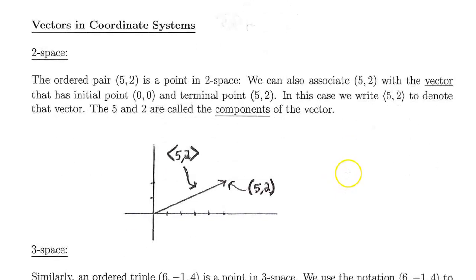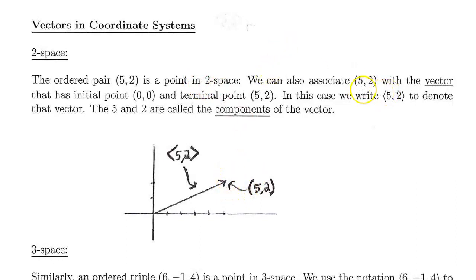Now, so far we haven't talked about vectors as having components. So we've just defined vectors purely in terms of their magnitude and direction, but we can have vectors that are in coordinate systems. So we're not defining vectors anymore. We've already defined that, but we're going to talk about vectors within coordinate systems. Now, when we're in 2-space or 2-dimensional space, when we have like the xy plane, the ordered pair 5, 2 is a point in 2-space. It's an ordered pair here.